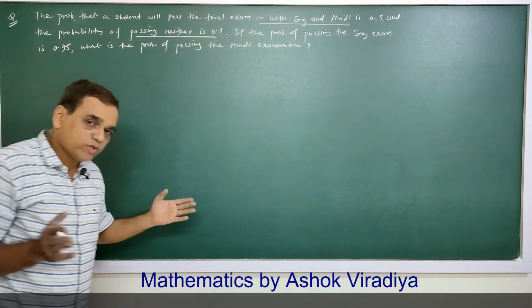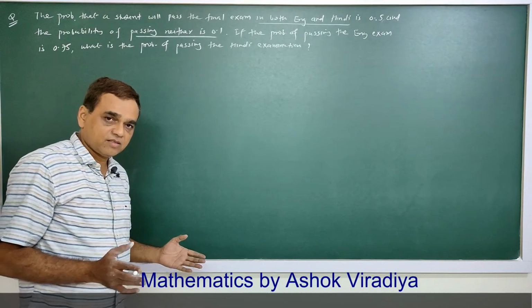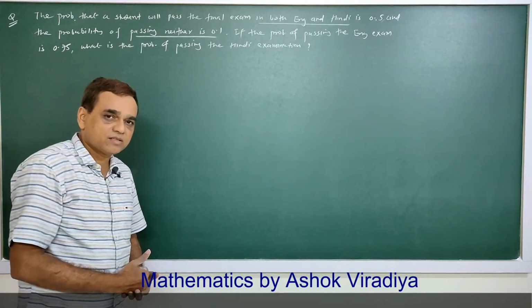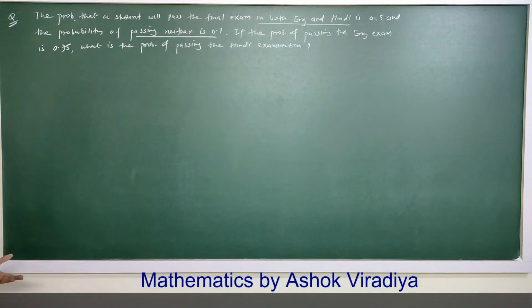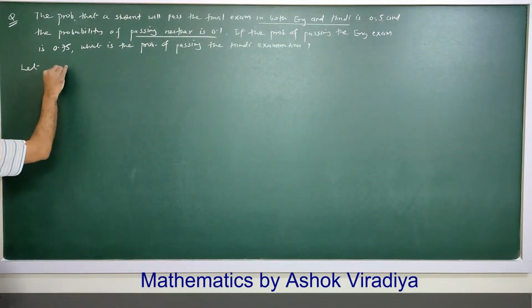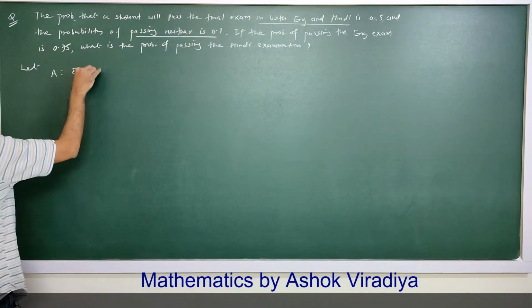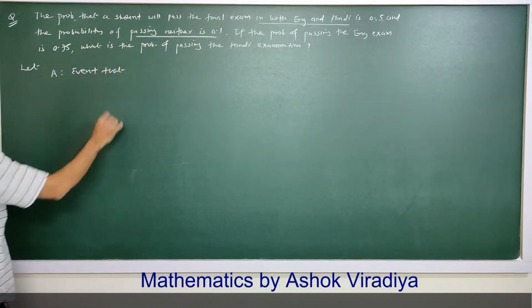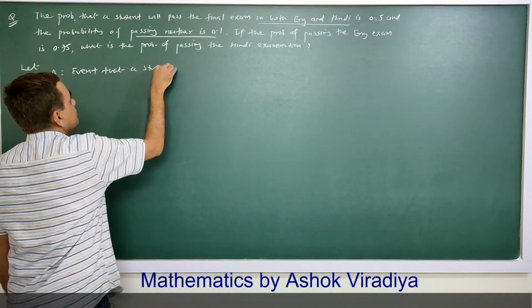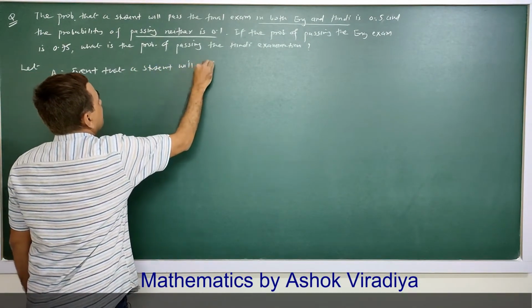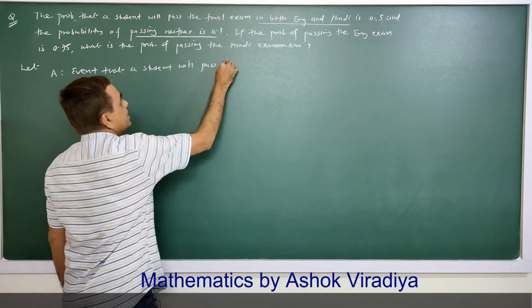So here there are two events: a selected student is passing the English exam, or a selected student is passing the Hindi exam. So let me denote them by symbols. Let A be the event that a student will pass the English exam.